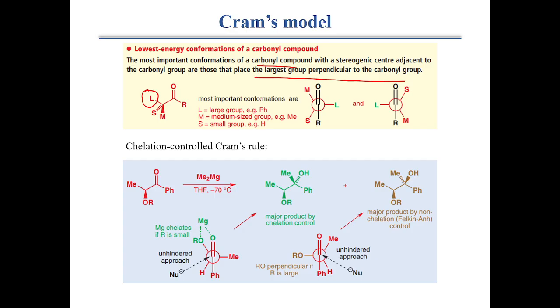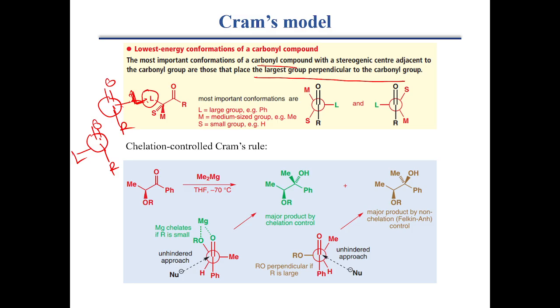If it is not perpendicular, such as in this example R, so this is perpendicular either this way, large group, or this way. So these two perpendicular positions are possible for Cram's model.